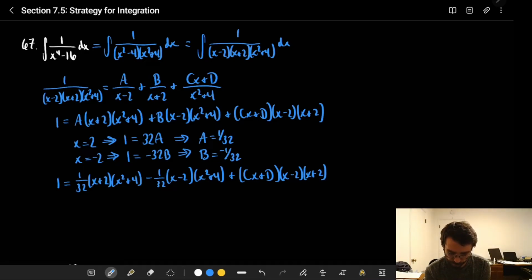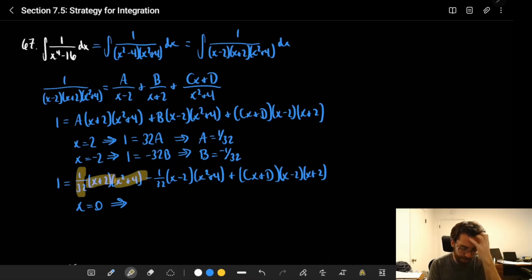I'm tempted to plug in 0 as well. That might be nice. Let's just see what happens if at this point we plug in 0. If we plug in 0, we get 1 over 32 times 2 times 4, so that's 1 over 32 times 8.